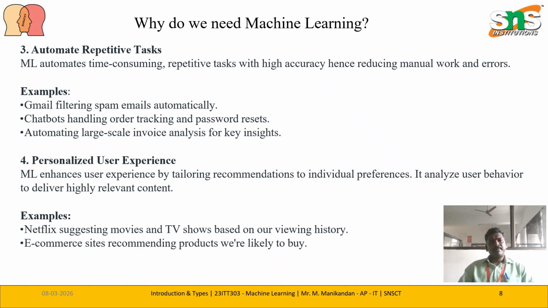So, automate repetitive tasks. ML automates time-consuming, repetitive tasks with high accuracy, hence reducing manual work and errors. By repeating the task, it will learn from the errors or previous histories, and it will rectify its defects.